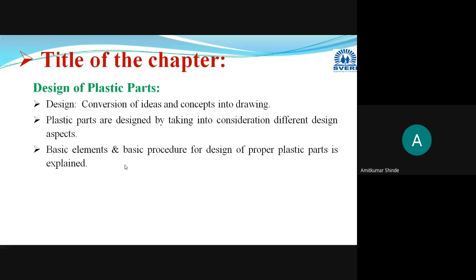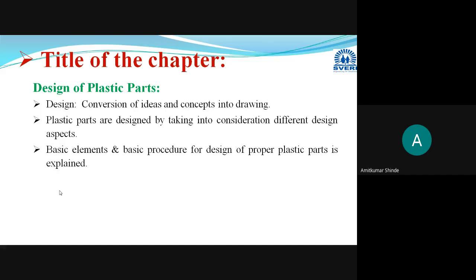In this chapter we are going to discuss the basic elements that you have to take into consideration while designing any plastic part, and the standard design procedures. Suppose you want to decide the wall thickness of the plastic part, some standard considerations are there: how much should be the minimum wall thickness.